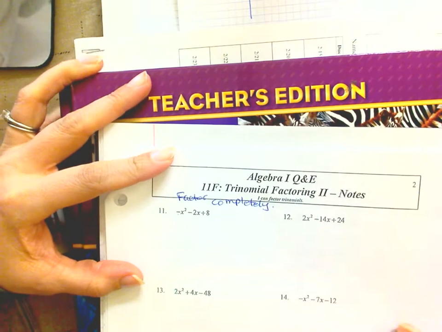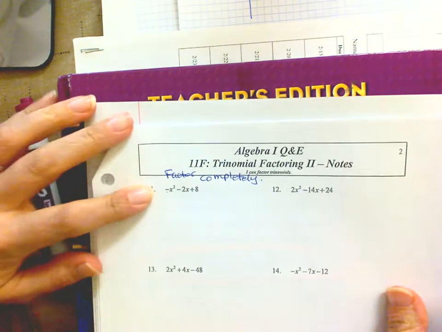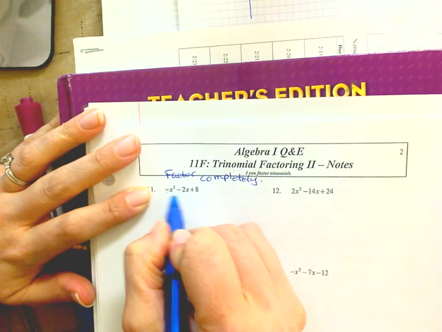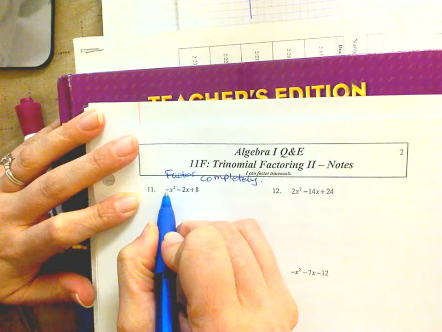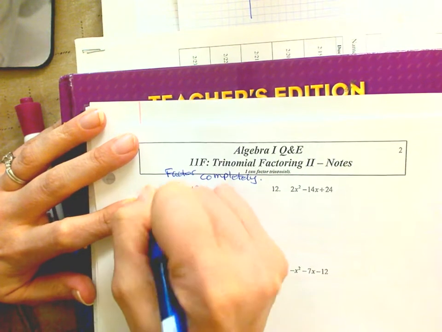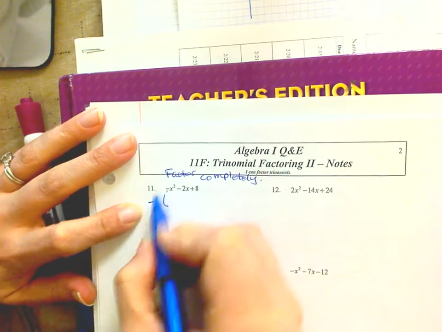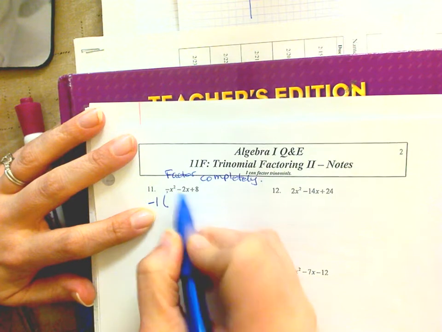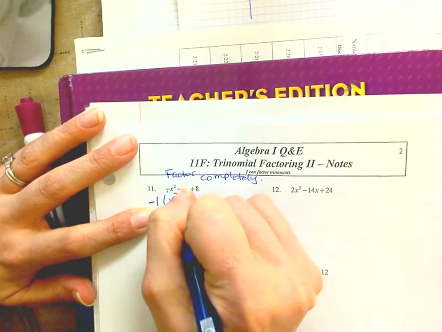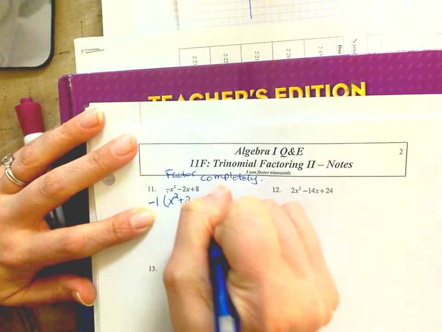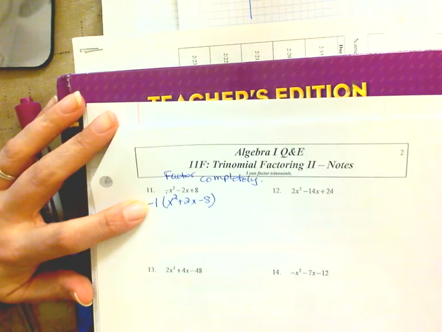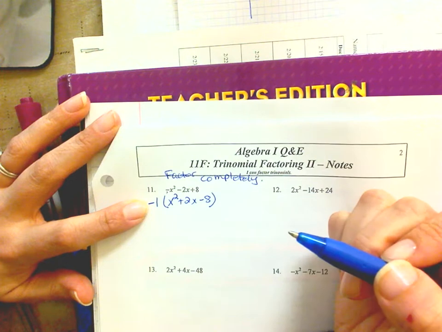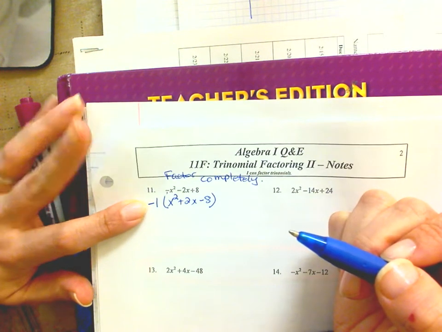I don't wish anyone to try to factor with a negative beginning. So what I'm going to do is divide everything out by -1. And we mentioned before, if you've got a negative out front, you've got to take out a negative. So I'm going to divide all these by -1, and that leaves me with x squared plus 2x minus 8. Remember, if you divide by a negative, that just changes all the signs in a polynomial.